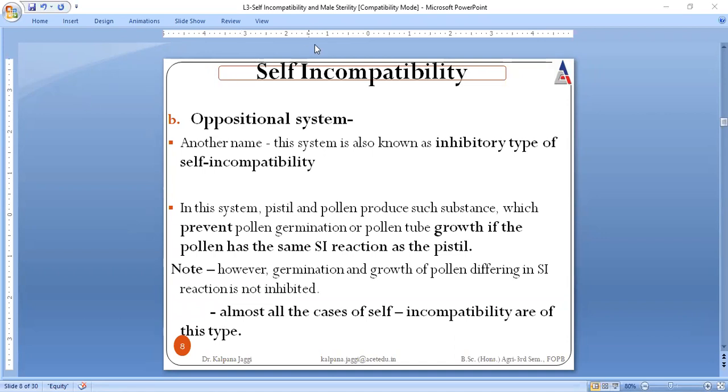Another name for this self-incompatibility is inhibitory type of self-incompatibility. That means the substance is going to be opposite to that of the complementary. Here, when pollen grains interact with the pistil, the interaction is again going to release certain substances.